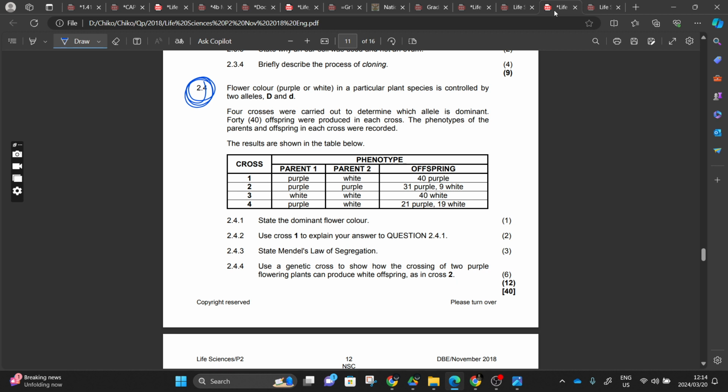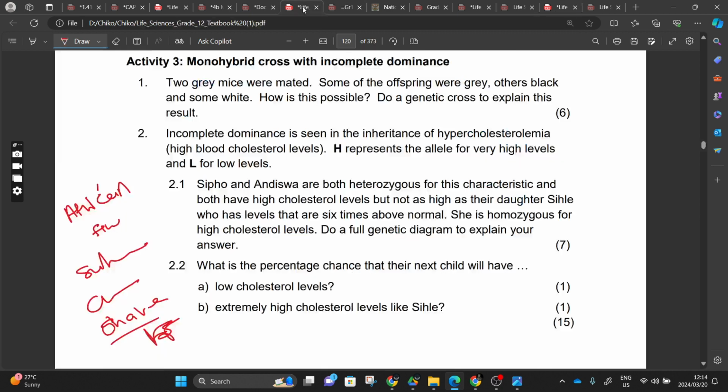I see that I don't have time now. This is what I was planning to tackle: the November 2018 question paper, paper 2, question 2.4. So guys, I'll screenshot this and send it to the WhatsApp group, so that you'll be able to do these 2 activities.